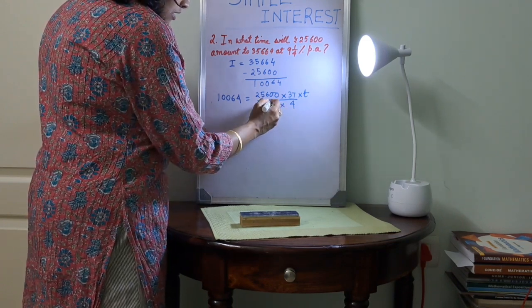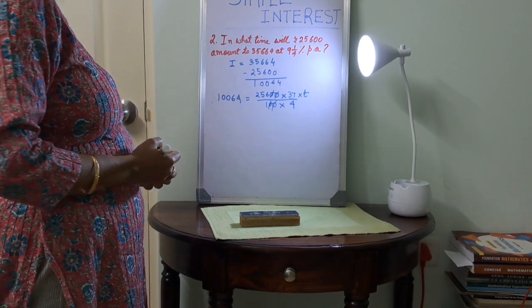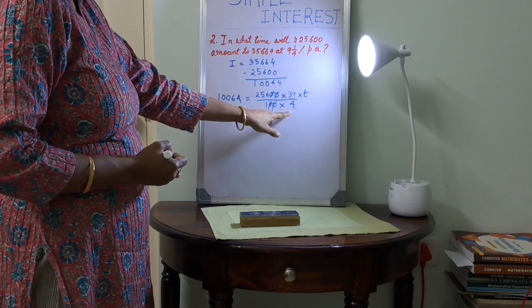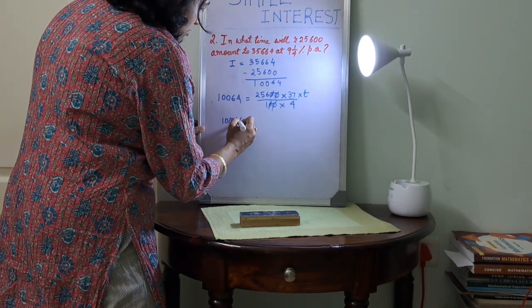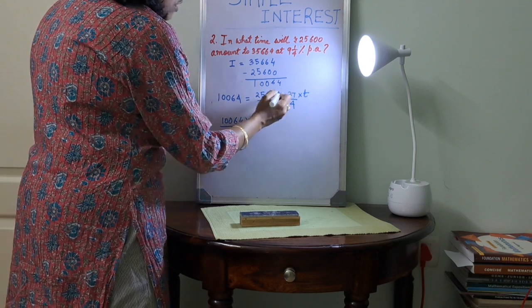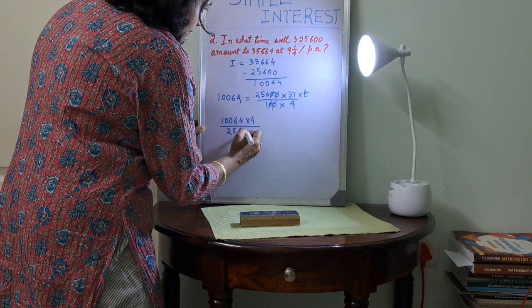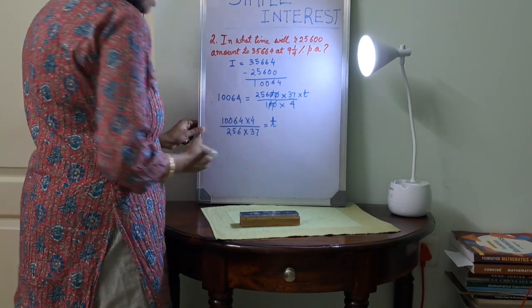So first thing, cancel the zeros. Now we will take the constants to the other side. 4 is in the denominator. It will go to the numerator. 256 and 37 will go to the denominator, which is equal to T.